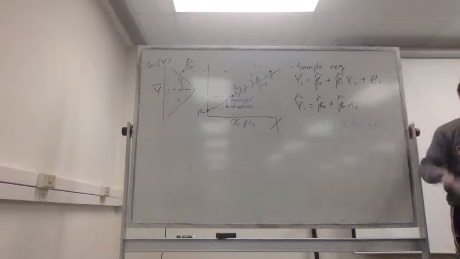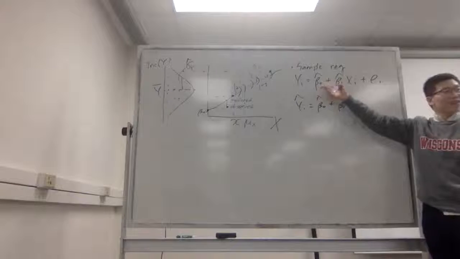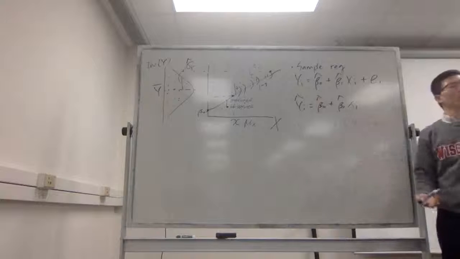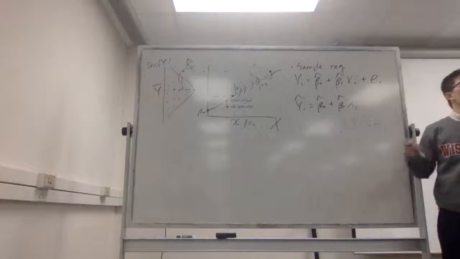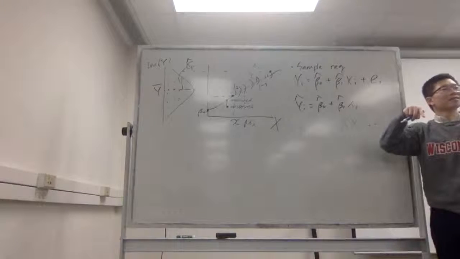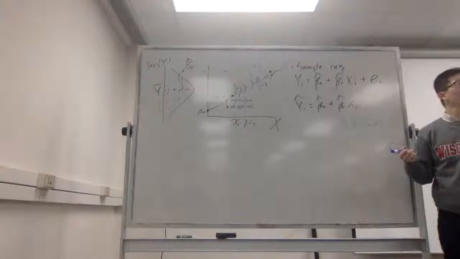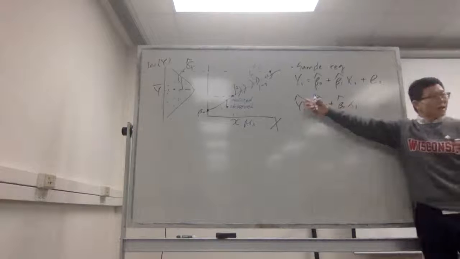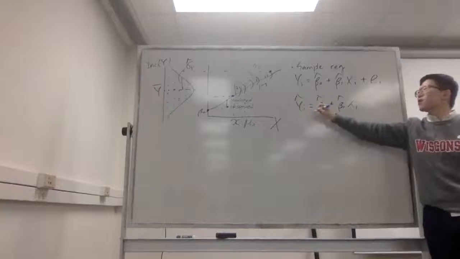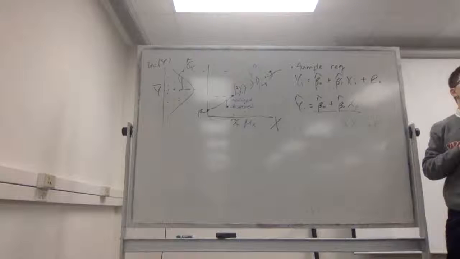Now that we have a sample, we are estimating, we're inferring what beta 0 or beta 1 would be based on our sample. So there's a hat, because we're estimating. For this one, it is also a hat, but it is estimated based on the linear predictor. Does it make sense? The sources are different.